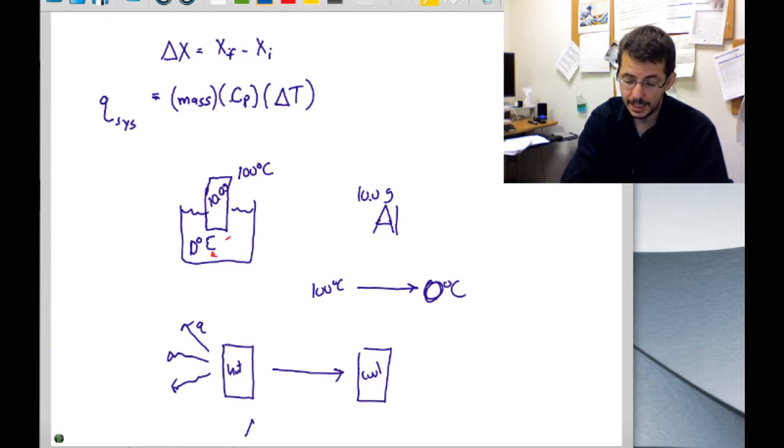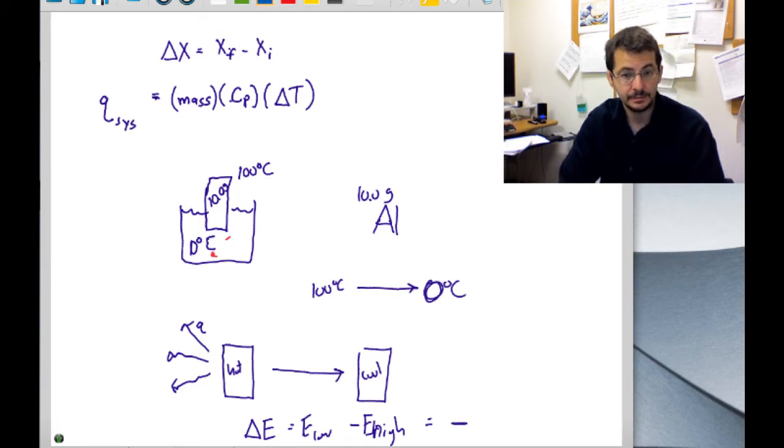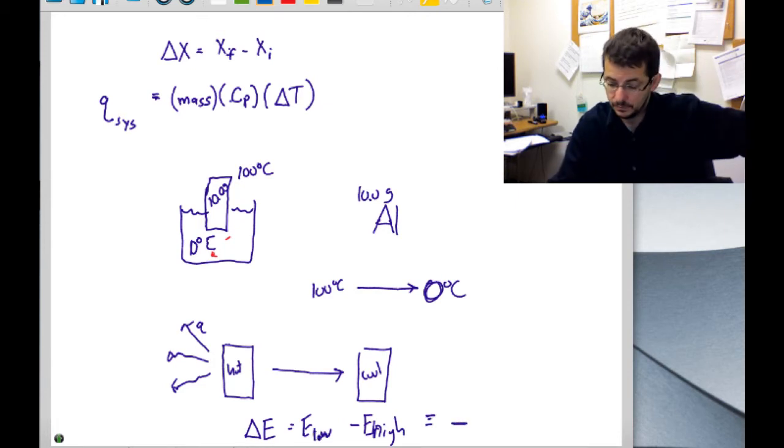So the change in energy of the metal, this would be high heat to low heat, final minus initial, low minus high, means that the change in energy would be negative. So the delta E in this case will be a negative value.